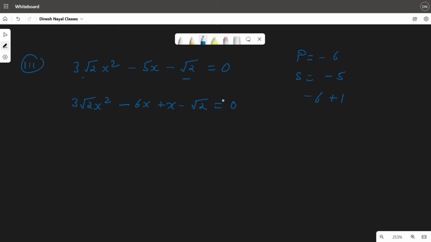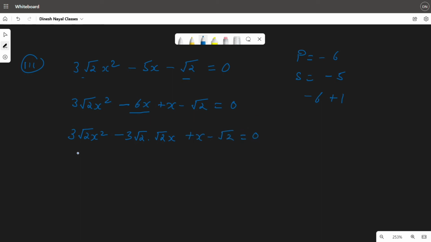Now one point you should note: since we have 3 root 2, minus 6x you can write as minus 3 root 2 into root 2x, because root 2 into root 2 will become 2, and 3 into minus 3 into minus 6 plus x minus root 2 equals 0.